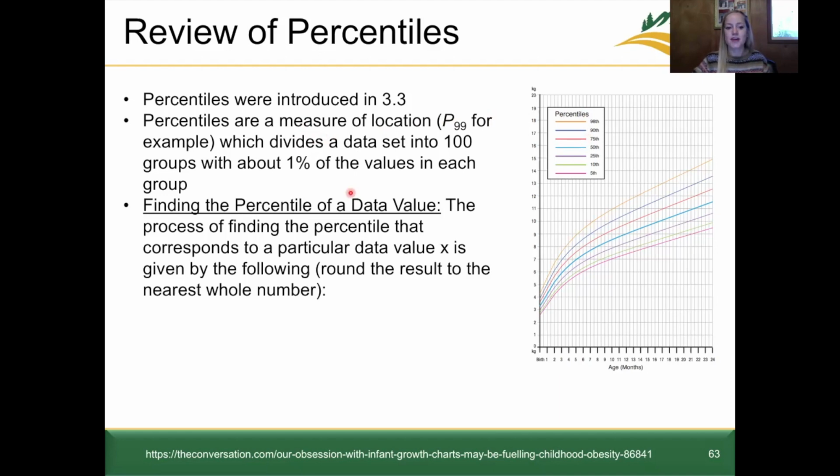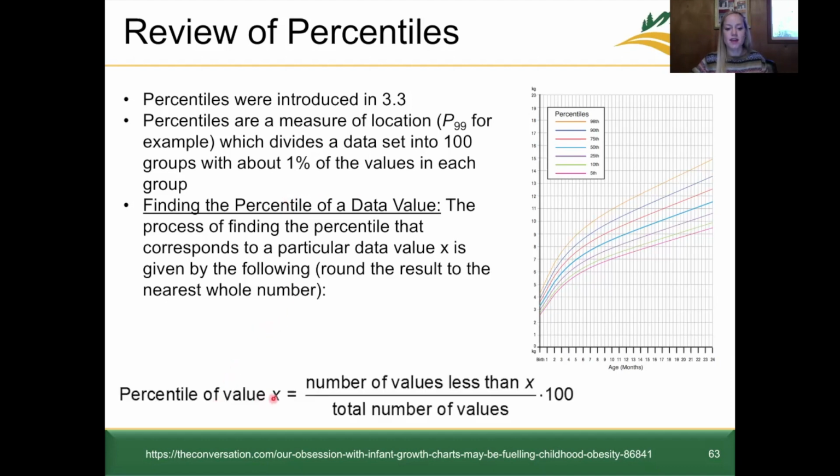Let's review how we solve for percentiles, given a specific data value. If we want to find the percentile of a given value, for example a given weight or height, we take the number of values less than that specified value, divide that by the total number of values, and multiply by 100.